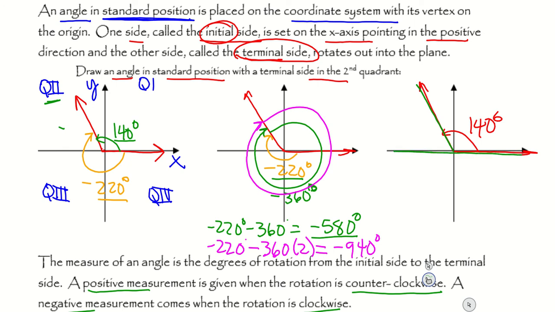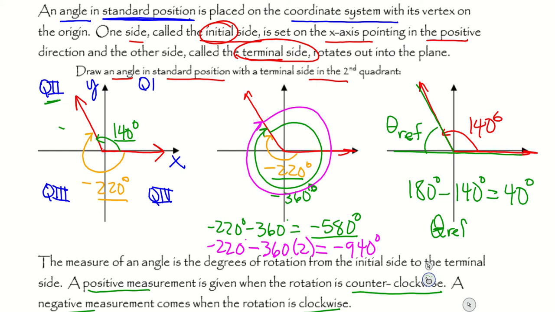I want the acute one, so I want this angle right here, and this is my reference angle, theta reference. But how big is that angle? We know that to go all the way around would be 180, but we are not going the 140, so if we subtract that, we end up with 40 degrees, and my reference angle is 40 degrees.